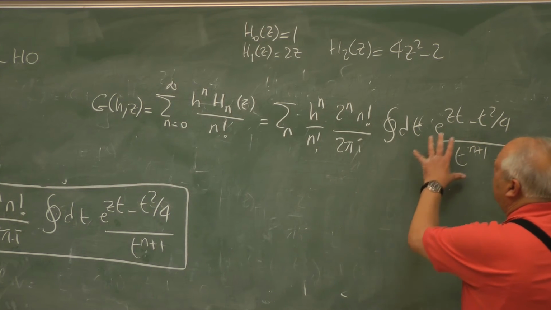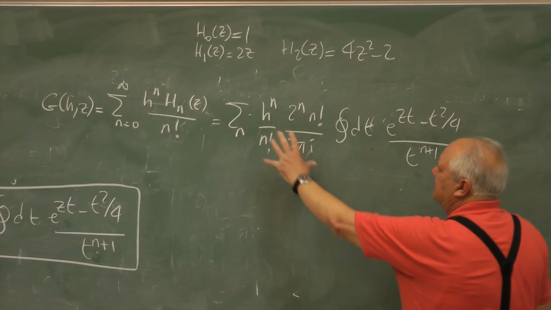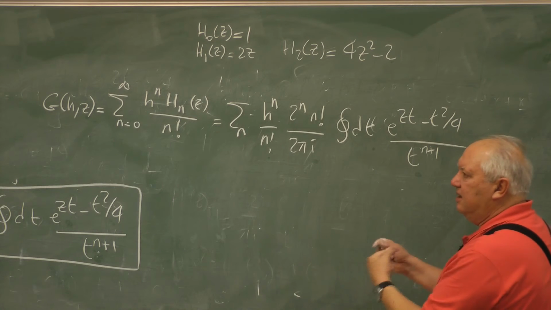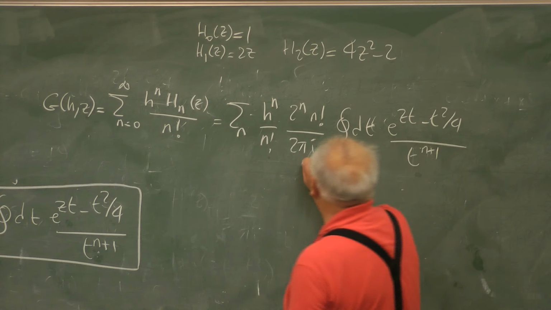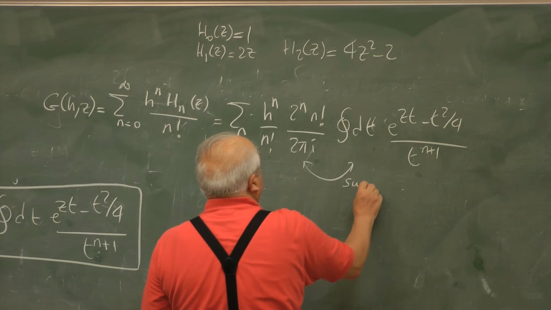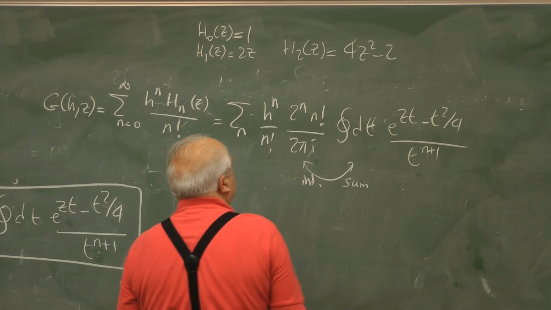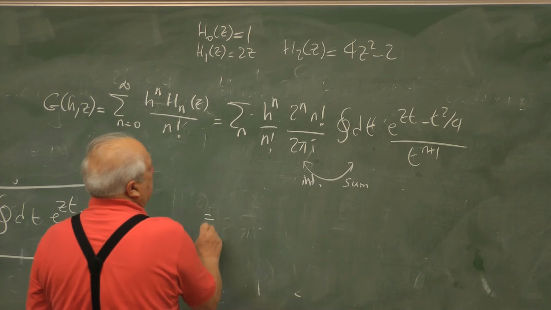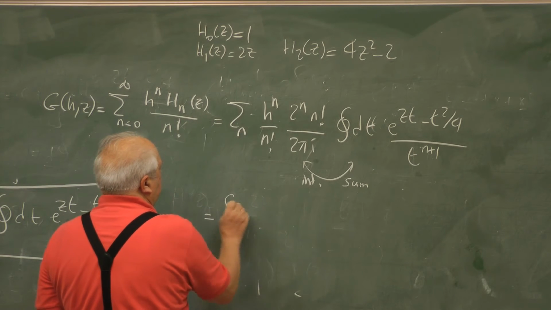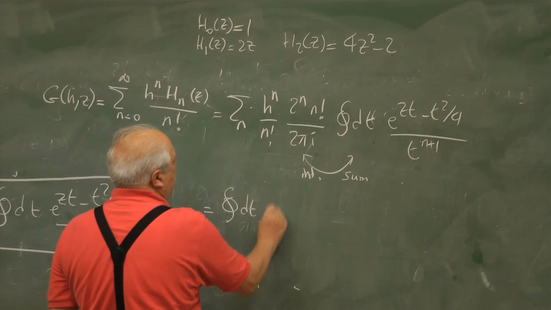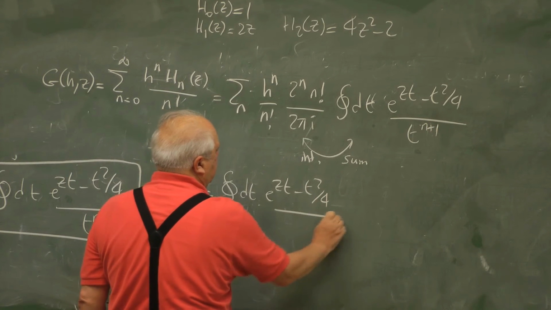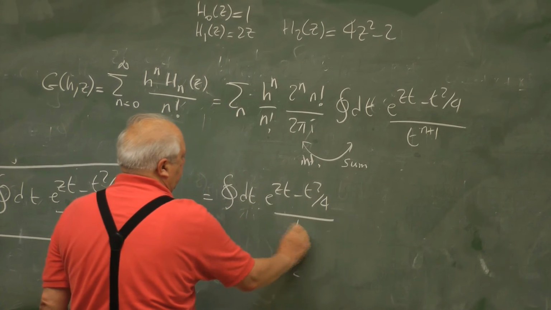So I have an integral, and then I have a summation over that integral. If I interchange summation and integral, so that I do the n sum first. So dt e to the zt minus t squared over 4 divided by a factor t here.